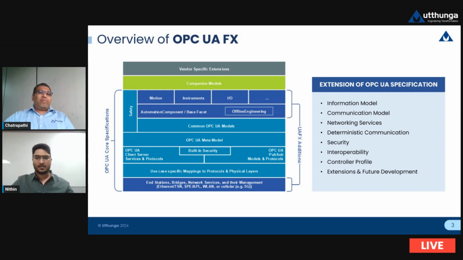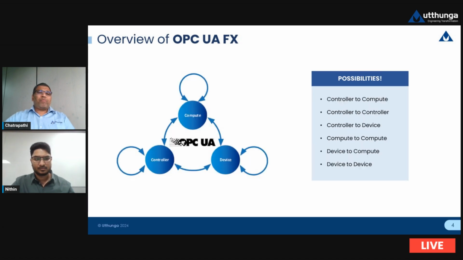And as part of this, there's a communication model that has been defined as part of the OPC UA FX extension. As you can see here, there are different possibilities, and each possibility addresses several different new-age use cases that are required to be addressed.